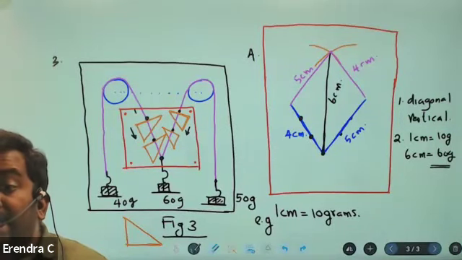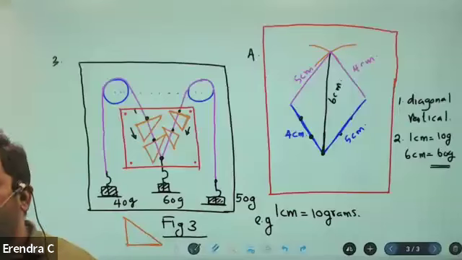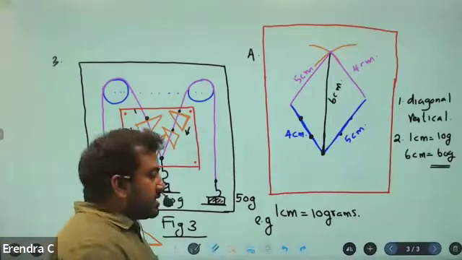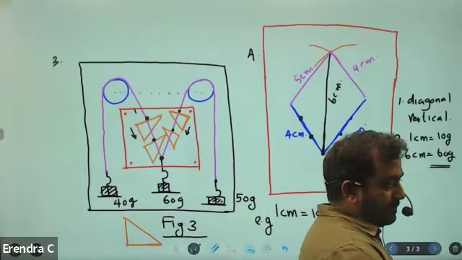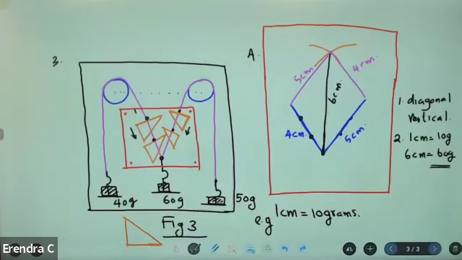And we measure the length of the diagonal.